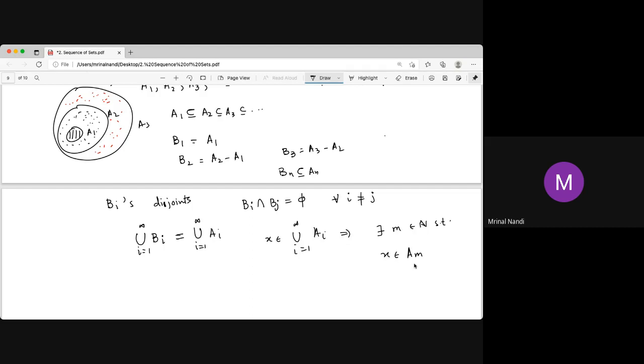Now, does x belong to Bm? It may not. So you just check whether x belongs to A1 or not, whether x belongs to A2 or not.